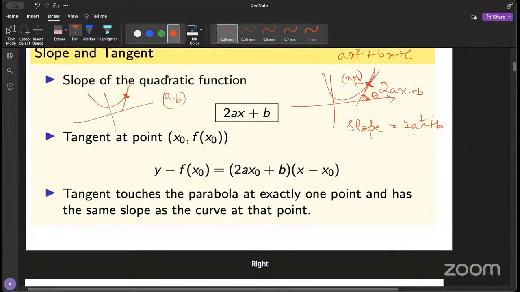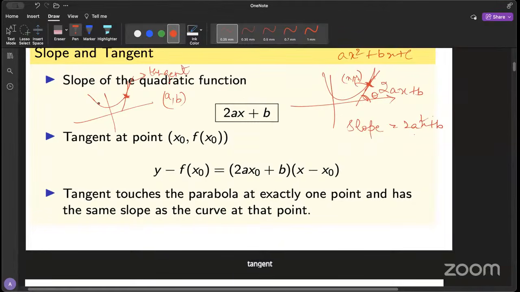Ma'am, where the point is touching is the tangent? The line touching the parabola, that is a tangent. This line is called the tangent line.